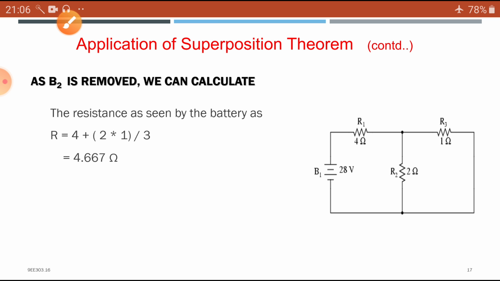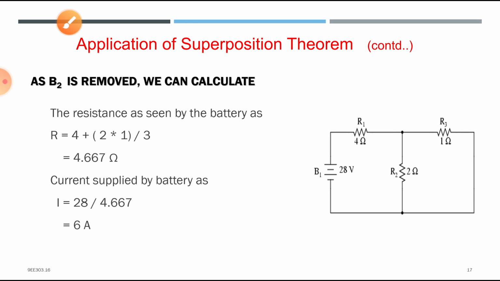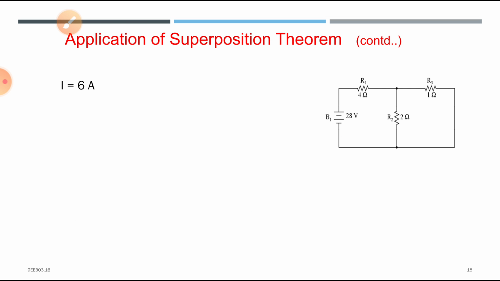So the current supplied by the battery is this value, 6 amperes. Now, after 6 amperes flows in the circuit, calculate each branch current. Here the direction of the actual current flow is considered rather than the conventional current.